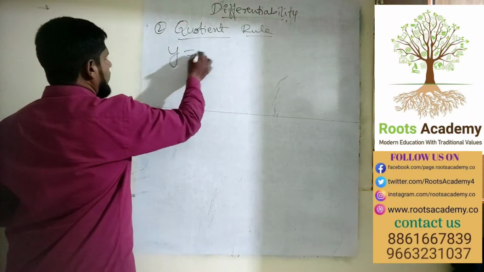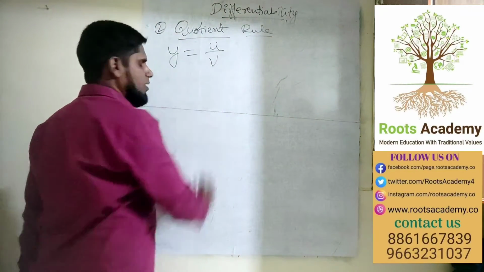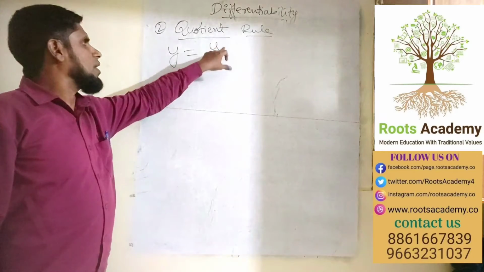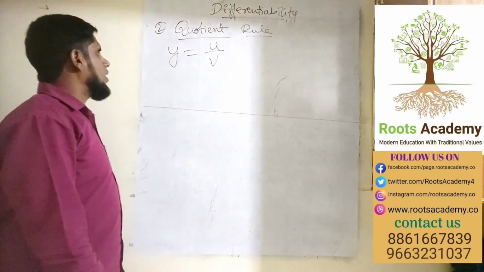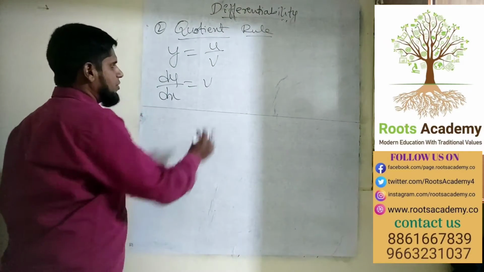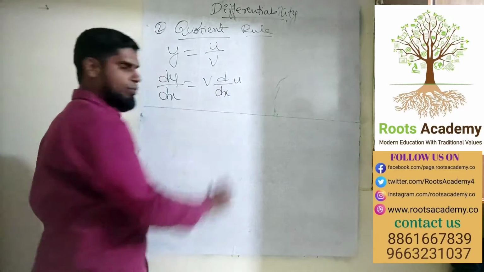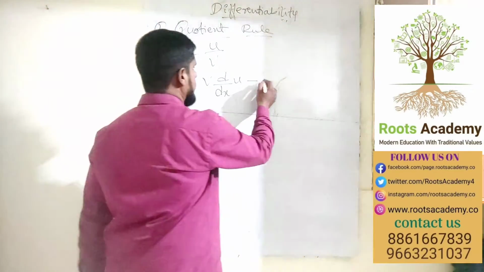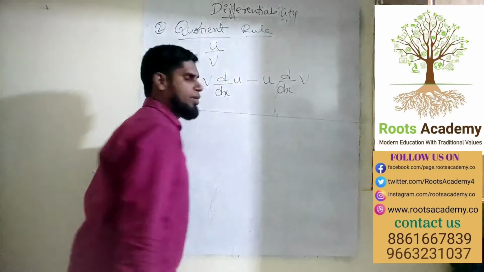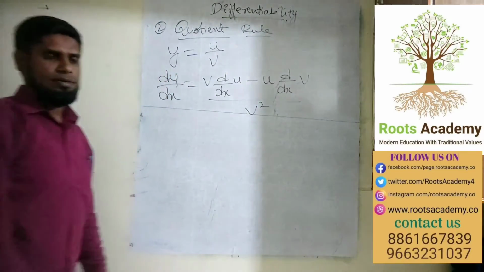That if y is a function and the function is in this particular form, u by v, that is numerator and denominator, then its derivative can be written as v into, that is denominator, into derivative of numerator, minus numerator into derivative of denominator, divided by square of the denominator.